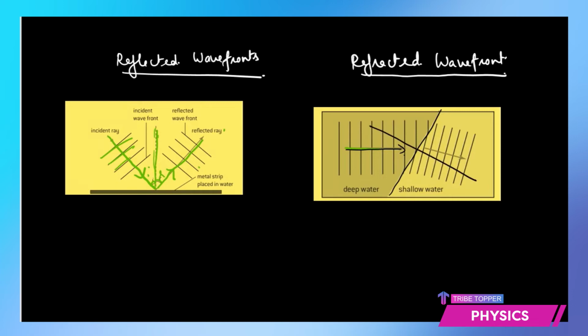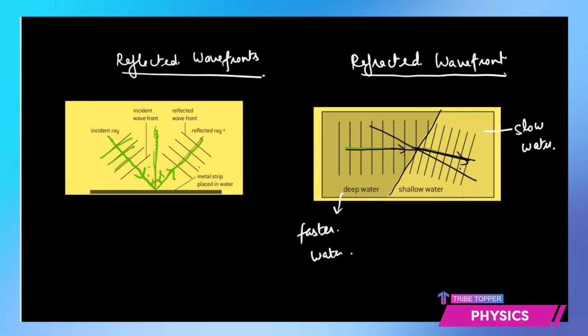The ray has moved away from the normal. Your water being shallow here, the speed of the water slows down. So I will write here that this side is the slow water, and on the deeper side you have the faster water. Deep water runs faster.